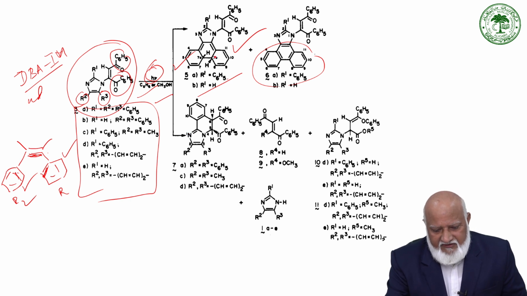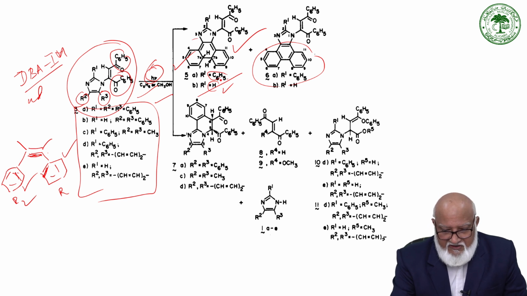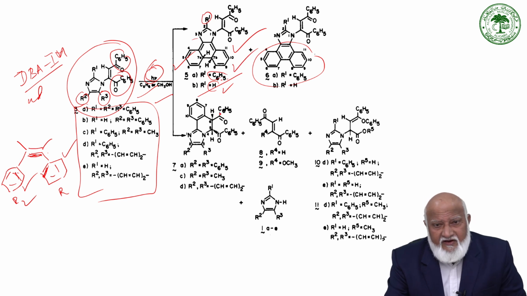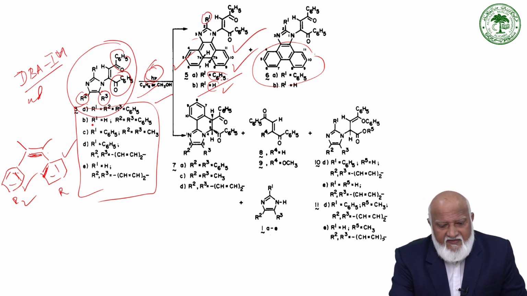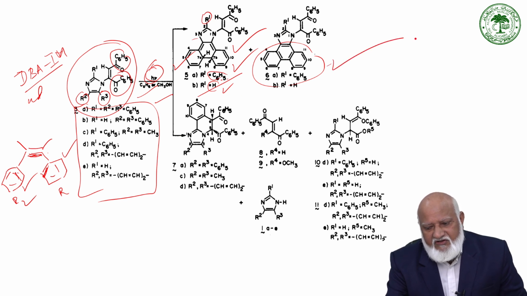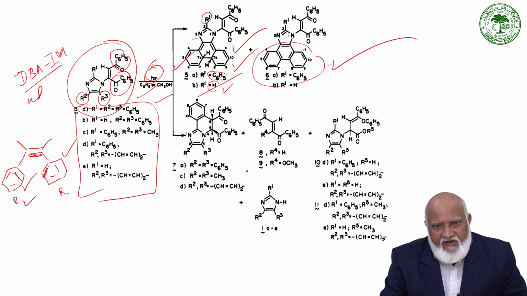So this type of product is formed when R1 is C6H5 and also when R1 is H. In both cases this gives dihydrophenanthrene, a very interesting product in the sense that we start with just a simple diphenyl substituted imidazole and end up with polynuclear aromatic hydrocarbons after aromatization, which is synthetically very important.